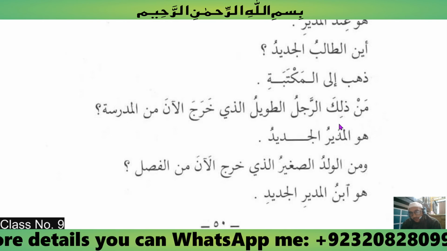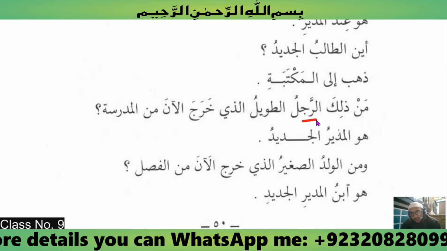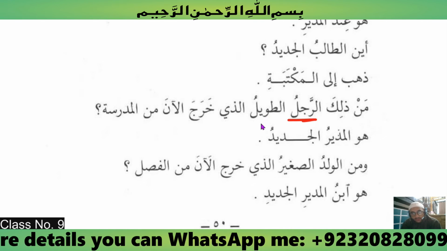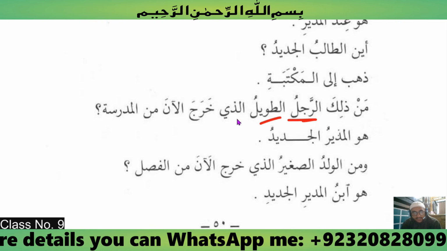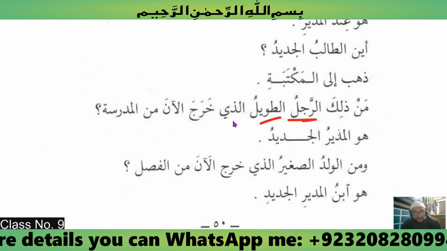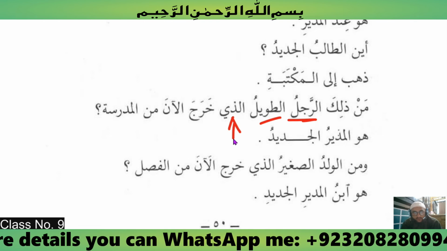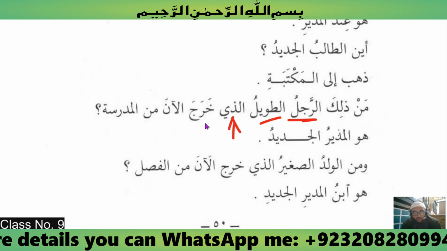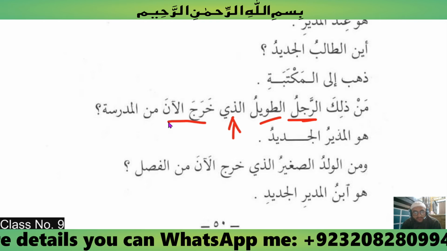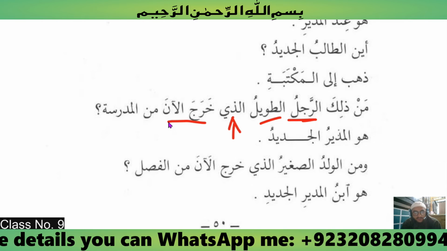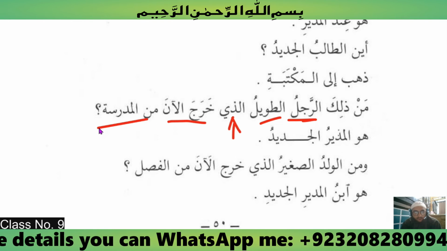Look here. الرجل الطويل, الرجل is منعوت, الطويل is نعت. الذي is called اسم الموصول, as we read in the beginning of class. And this one is صلة الموصول, the relative clause, من المدرسة.